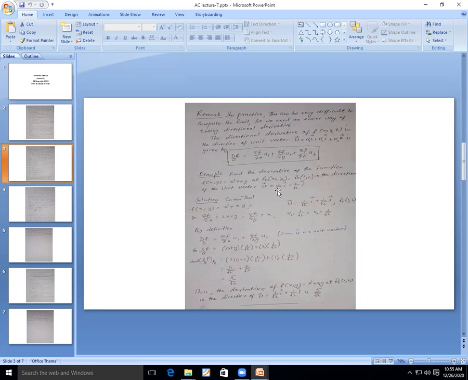Simplifying this, you get 5 divided by root 2. So the directional derivative of the given function f(x,y), which is equal to x square plus xy, at the point (1, 2), in the direction of unit vector u is 5 divided by root 2. So this is the solution of this example.